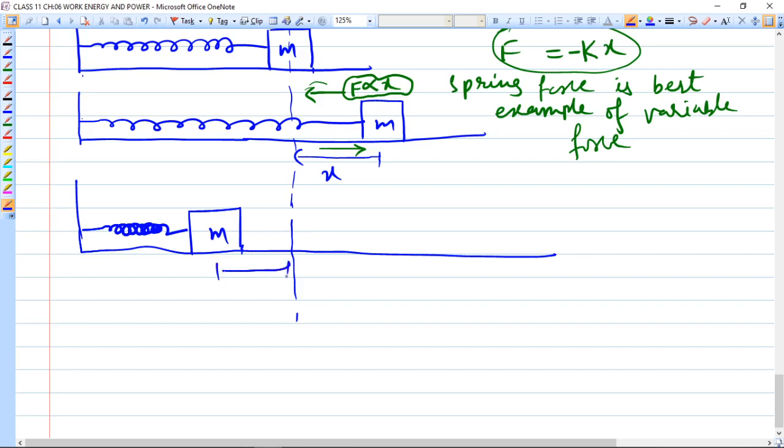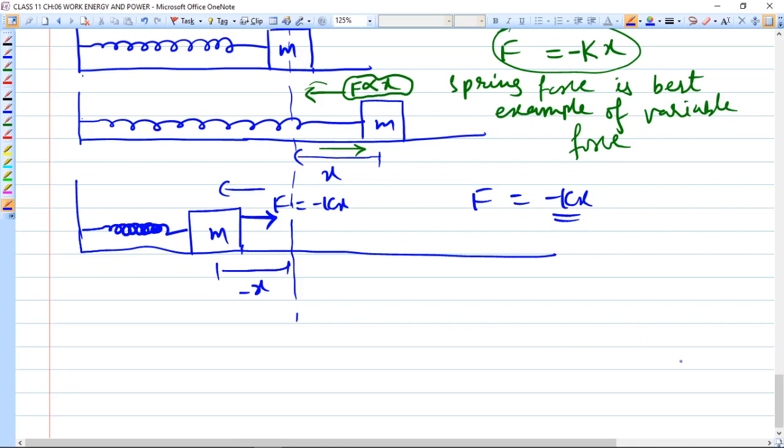We have made displacement this much, on this side. It's negative displacement, yes or no? So spring force will also get generated, in this direction. F equals minus kx. From this definition you can say that whenever x is positive, force will be negative, and if x is negative, force will be positive. That's why it is also known as the restoring force.